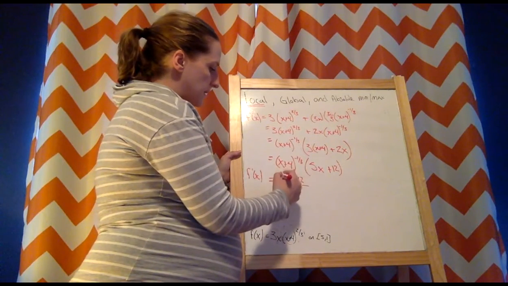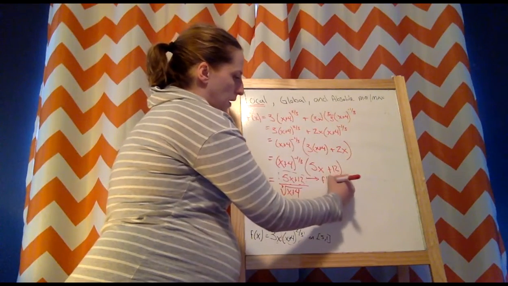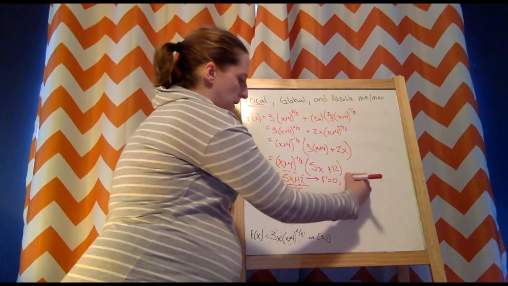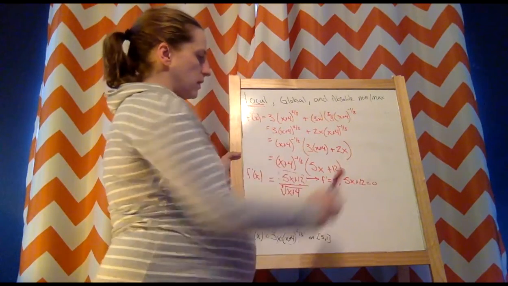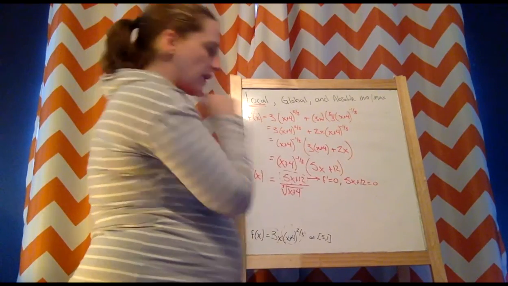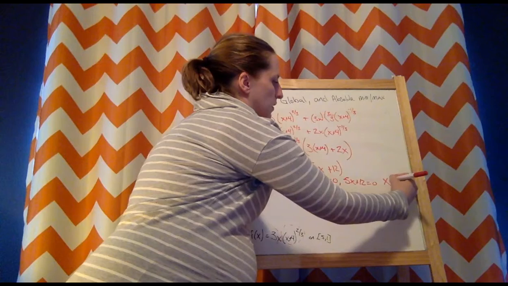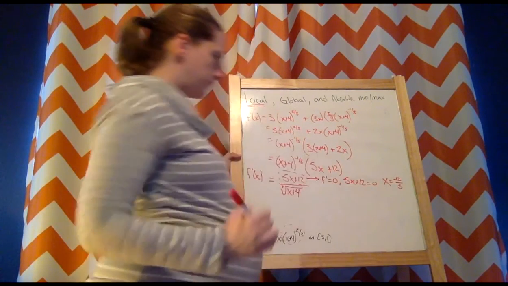Our derivative is going to be 0 when our numerator is 0. So f prime equals 0 means that 5x plus 12 equals 0. Moving my 12 over gives me 5x equals negative 12. Dividing by 5 gives me a critical value at x equals negative 12 fifths.